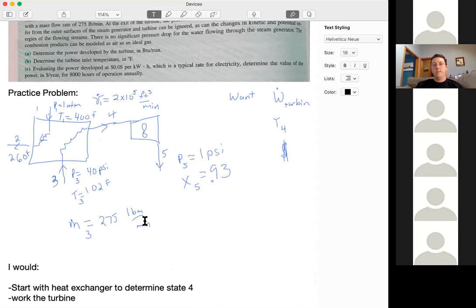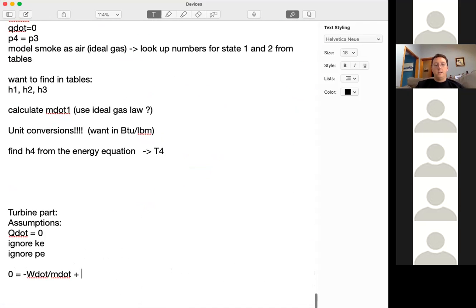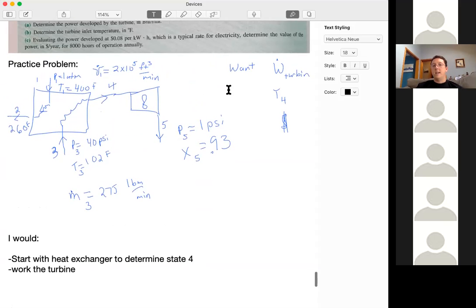Which number? 4. Yep. So it's going to be H4 minus H5. Can we find H5? Definitely, because they give us 2 numbers.